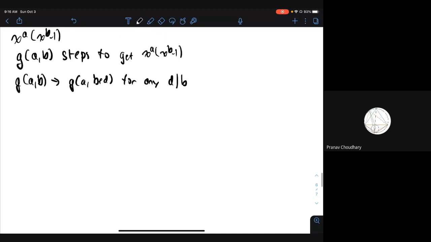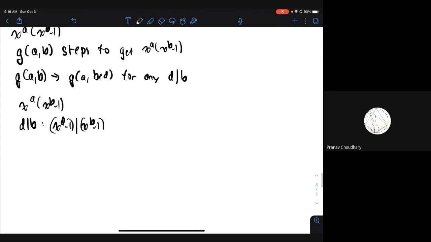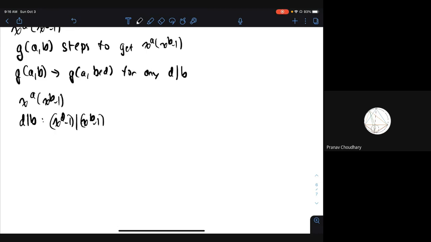Roughly speaking, how we do this is the following. Say we have x to the a, x to the b minus 1. Then since d divides b, we have x to the d minus 1 divides x to the b minus 1. Now we do the following step. So x to the d times x to the b minus 1 over x to the d minus 1.